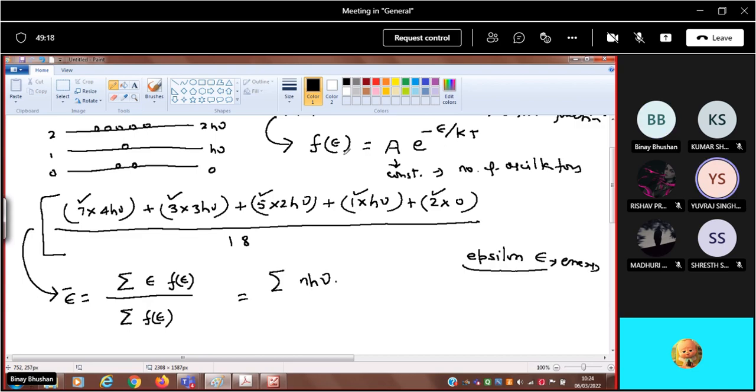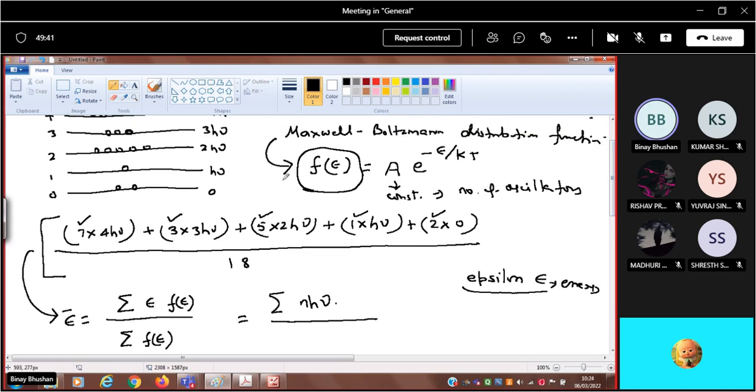And the number of oscillators is a function of that energy. नहीं, f(ε) I have written here. f(ε) is the number of oscillators in an energy level epsilon. That is the distribution function, Maxwell-Boltzmann distribution function.